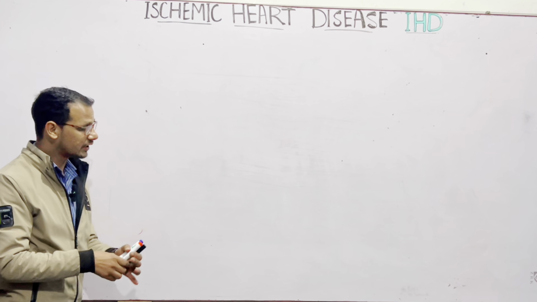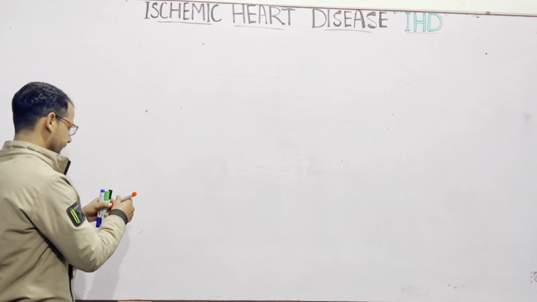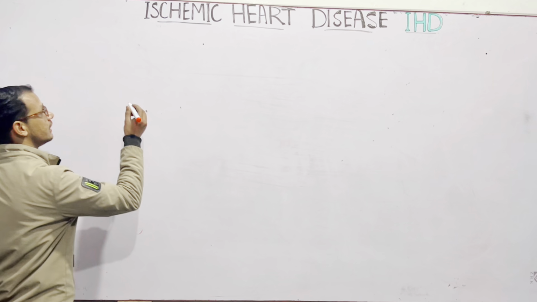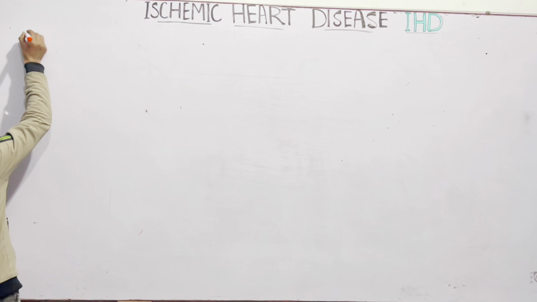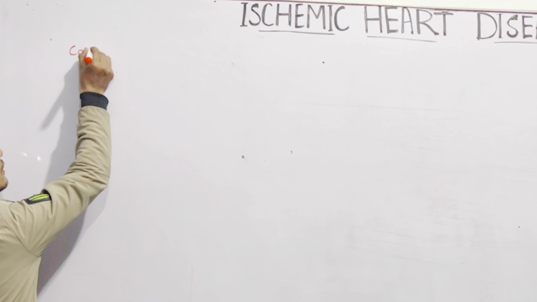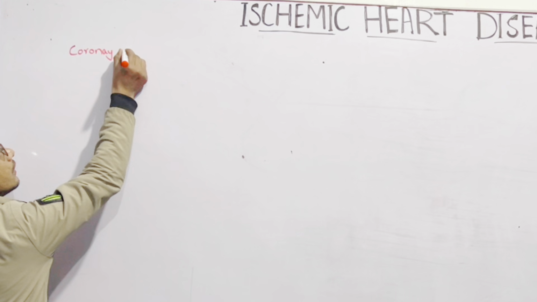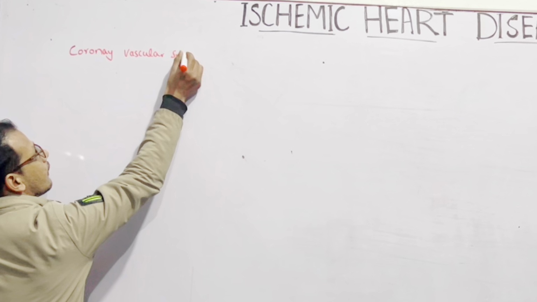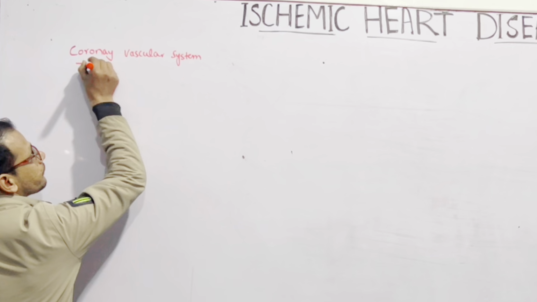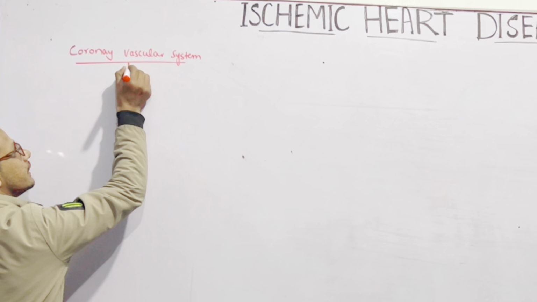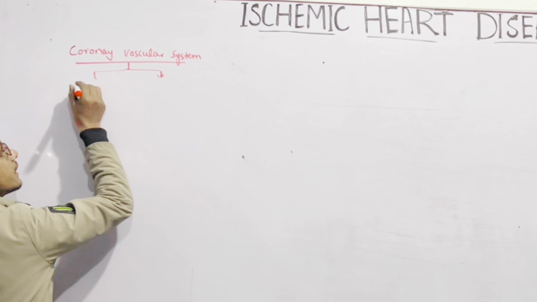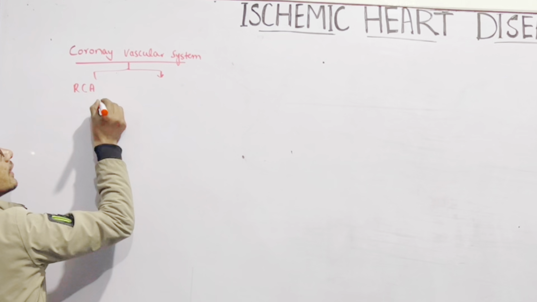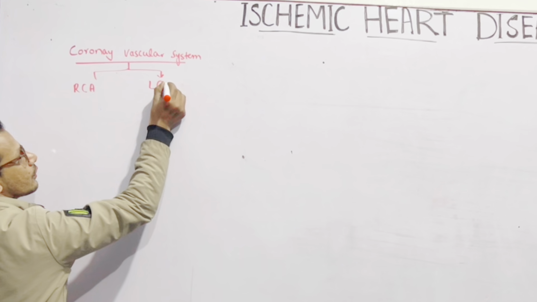First of all, we have discussed the coronary vascular system, which is composed of the right coronary artery and left coronary artery.